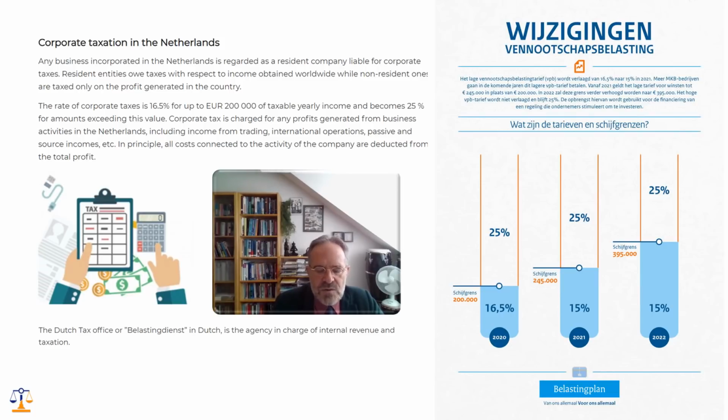And when you go over the 200,000, it is subject to a 25% tax. That is the system in the Netherlands. This is only part of the picture, of course, because what is also relevant is what is tax deductible, and what other tax facilities does a country offer.